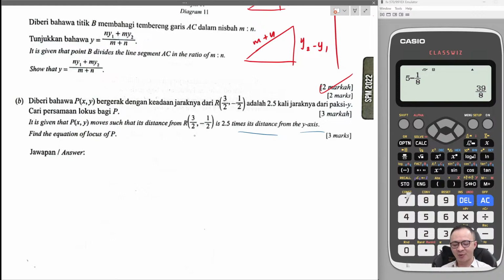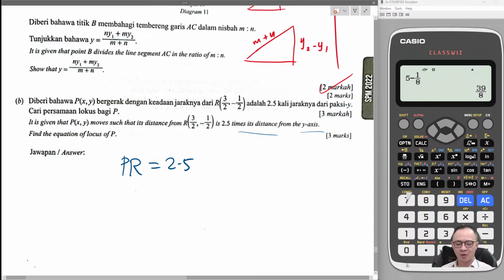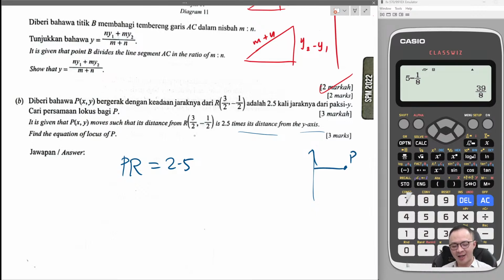So I know PR is 2.5 times the distance from the y-axis. On the y-axis, x will equal 0. Eventually I want to find the distance, right? So here I'm going to write a PY, standing for the y-axis.